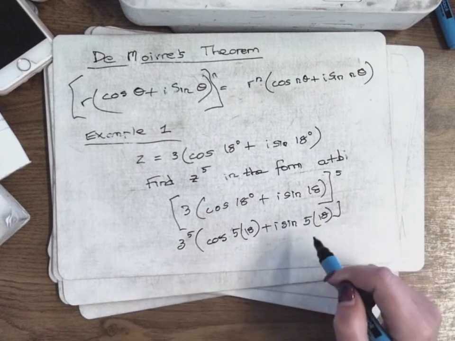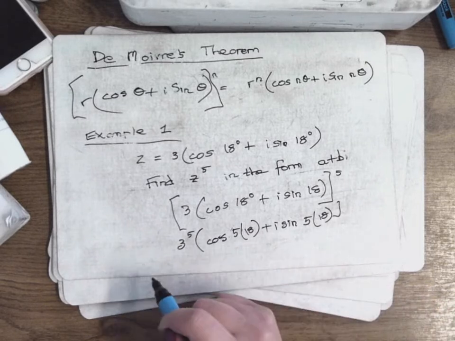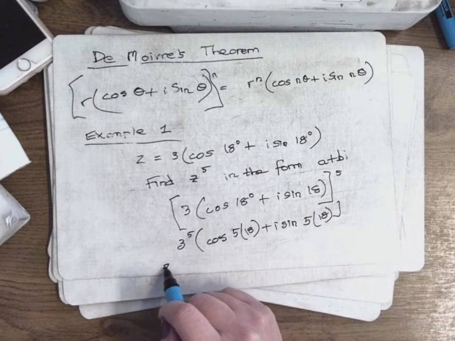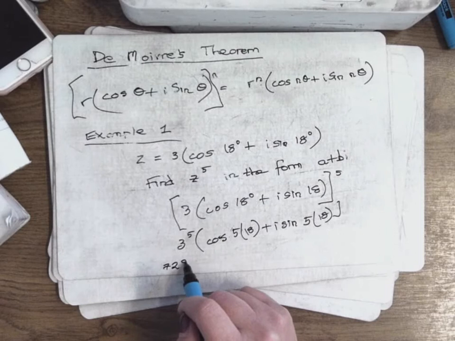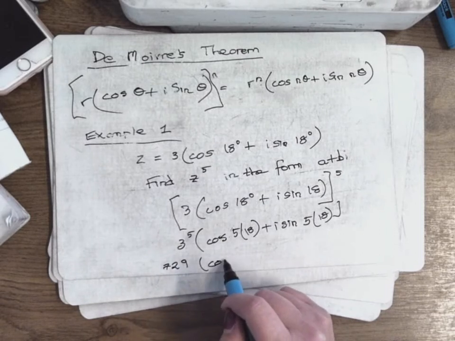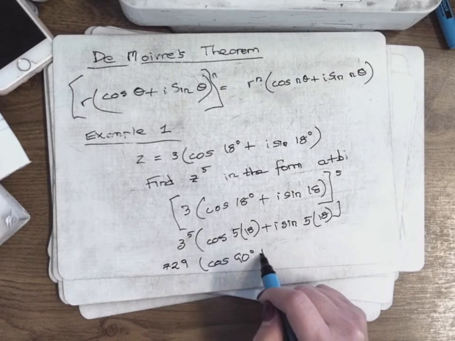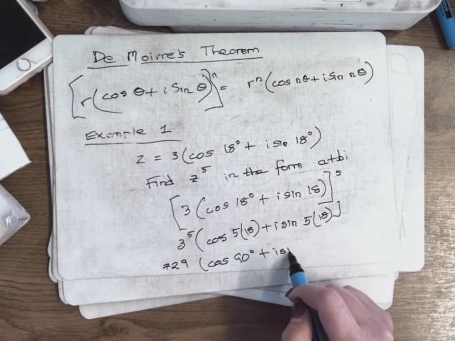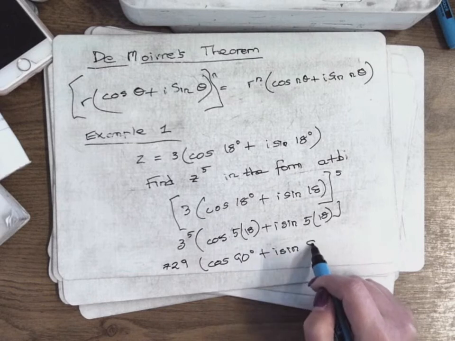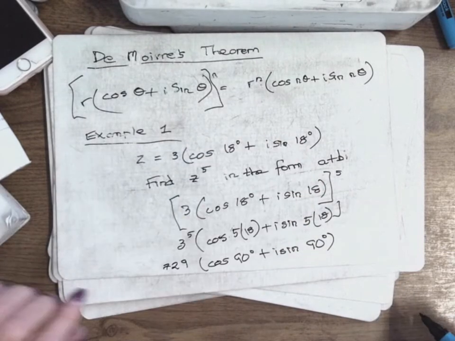Is that okay? So 3 to the power of 5, 3, 9, 27, 81, 243. And it's cos of 5 times 18, which is 90, plus i sin of 90. And it says express it in the form a plus bi, so back into rectangular form.